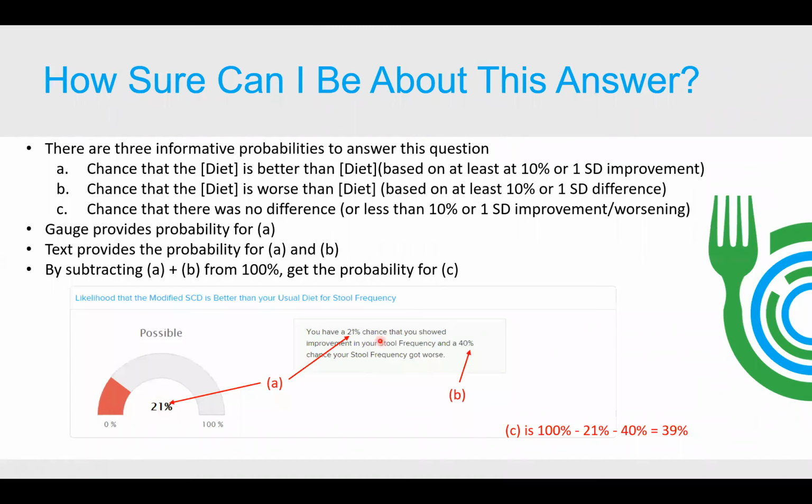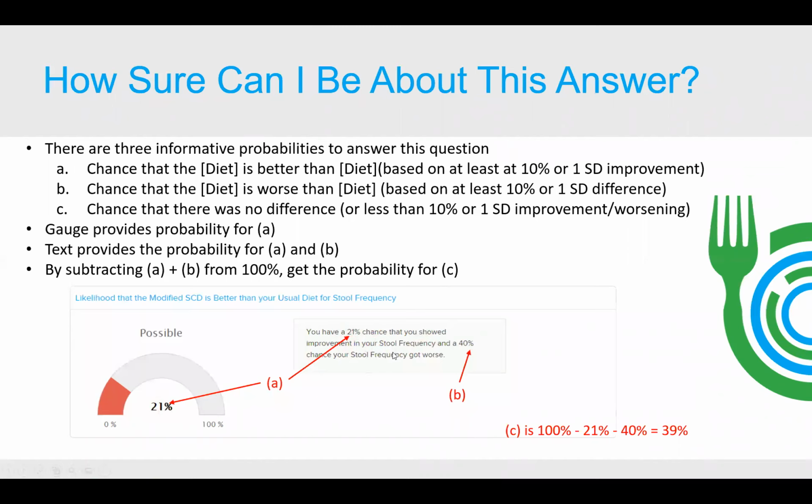In the text, we repeat that probability. So you have a 21% chance that you showed improvement in your stool frequency on the modified SCD compared to the usual diet. We also give you the probability for B, the probability that you were actually worse on the modified SCD compared to your usual diet. In this case, that's a 40% chance your stool frequency actually got worse.